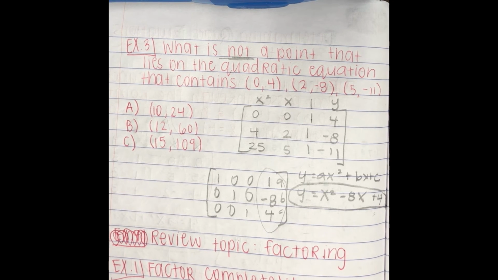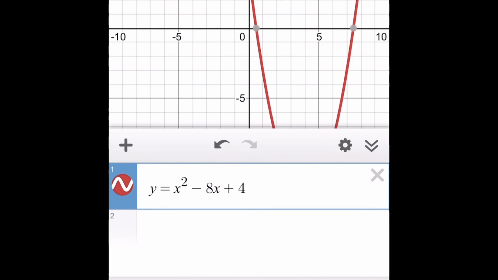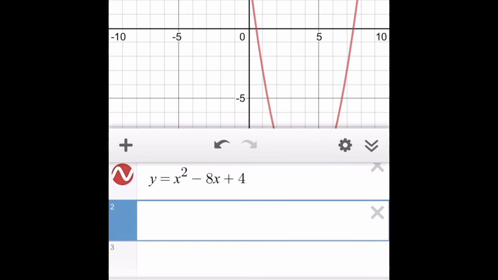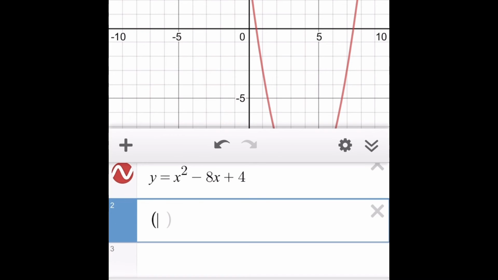So we're going to go back to Desmos, but not Desmos matrix, just desmos.com, okay? All right, so I've graphed my equation. I typed it in. It's already graphed here in red. Now what I'm going to do is plug in those points that it gave me. So the first one it gave me was (10, 24).